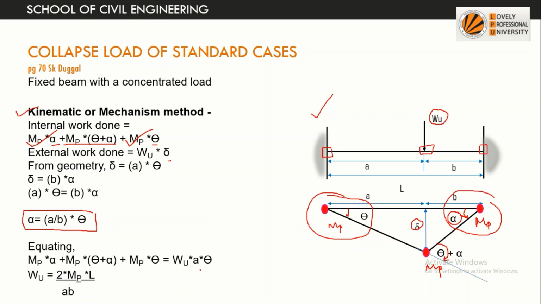In place of delta we will write A into theta. From the entire equation we can cancel theta, and in place of alpha we write the relation in terms of theta. So finally we'll get this value.